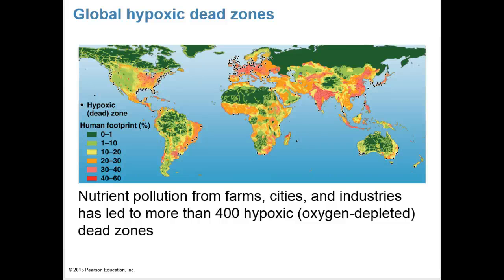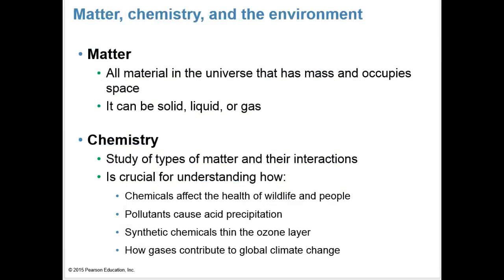Let's now take a look at chemistry and its applications in environmental science. Understanding matter, chemistry, and energy will actually help us understand our environments as systems. Matter is all of the material or the stuff in the universe that has mass and occupies space.